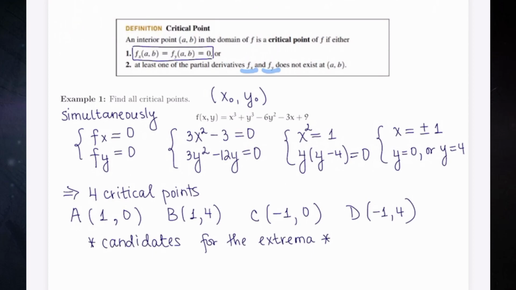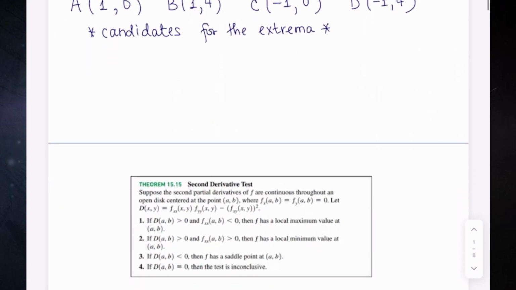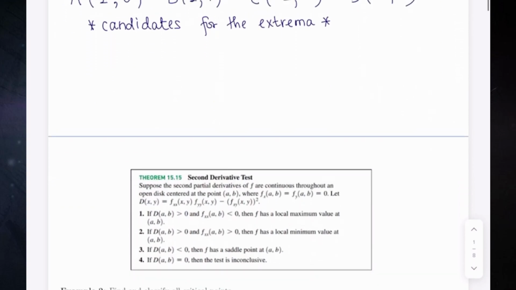All right, so that's your first example. All we're asked to do here is to determine critical points. Now let's take a look at the following test. We're going to call it the second derivative test. This tells us how to determine what type of points we got. Essentially, we're going to compute the following quantity.